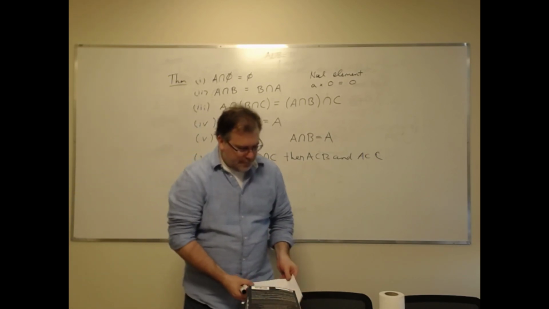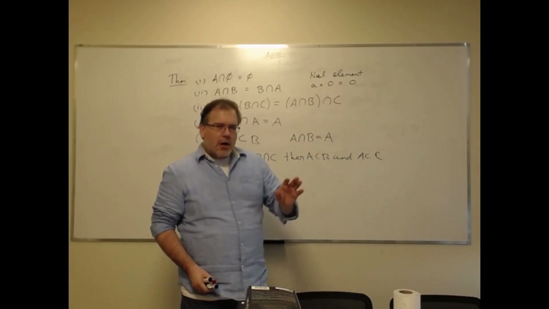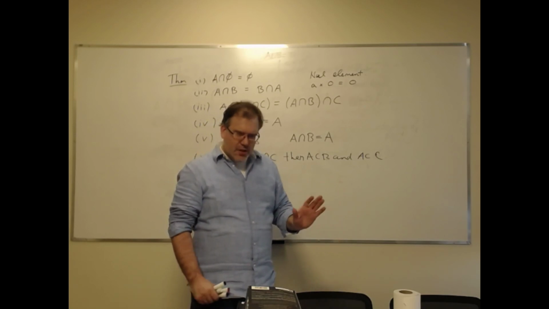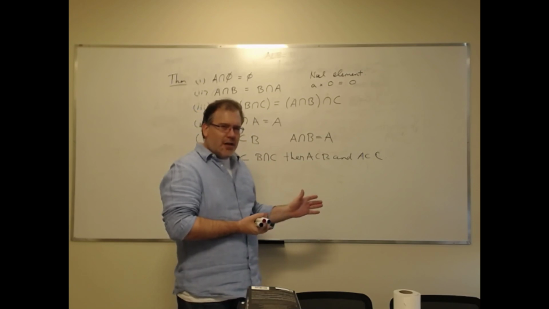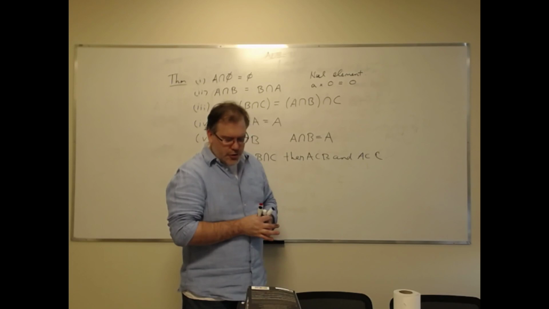All right. There are some of the proofs in the notes. I'm not going to go through all of them because it's very similar to what we've done for the disjunction. We just replaced the disjunction by conjunction, basically.